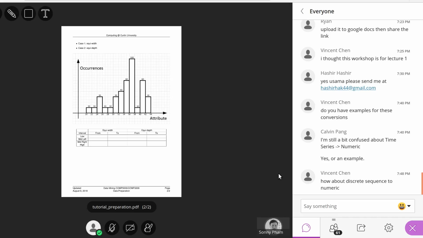Essentially, equi-width means the range is equally divided, and equi-depth means that in terms of the distribution, each interval will collect the same number of samples. That's all they mean.